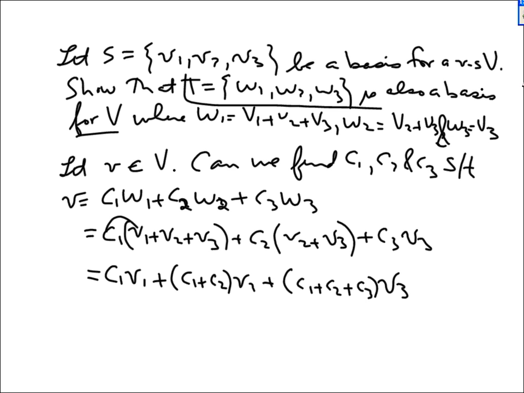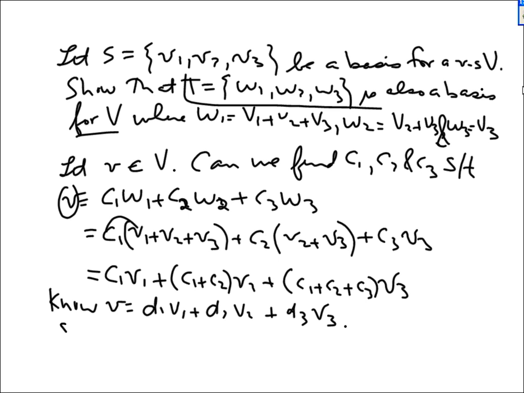Now, we know that little v can be written as a linear combination of vectors in set S. We know little v is d1 v1 plus d2 v2 plus d3 v3.